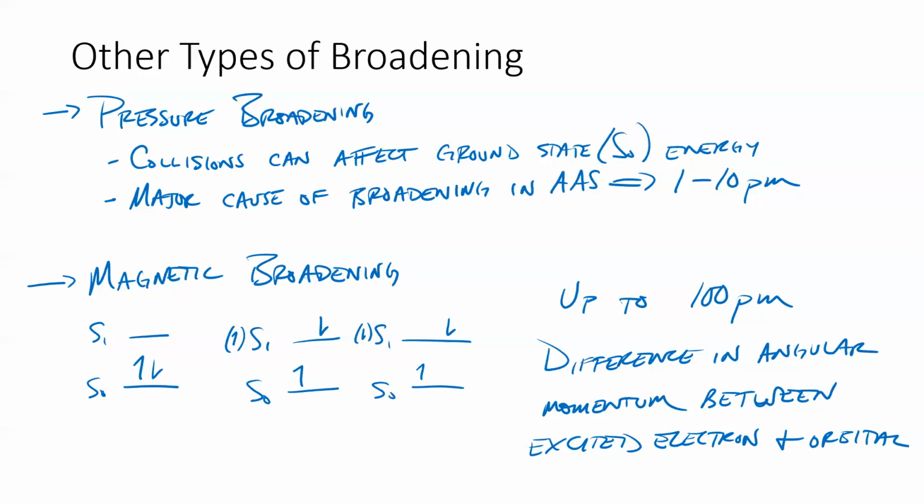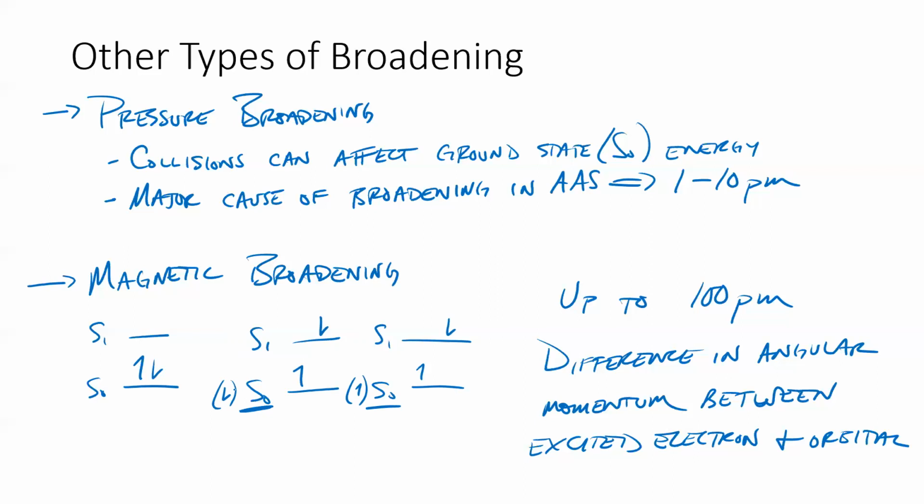So the actual angular momentum must be associated with the ground state. Because if our spins are matched, it's going to be harder to pull that electron out, and so it's going to be higher in energy.